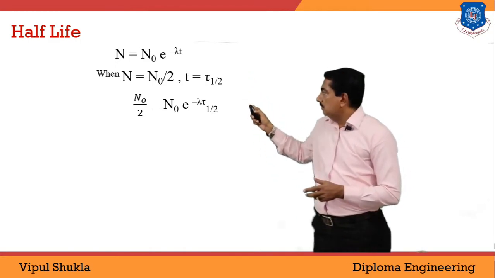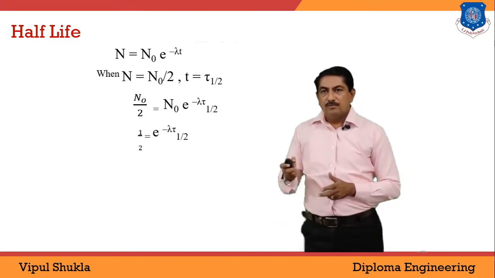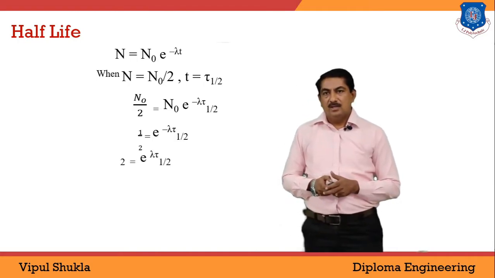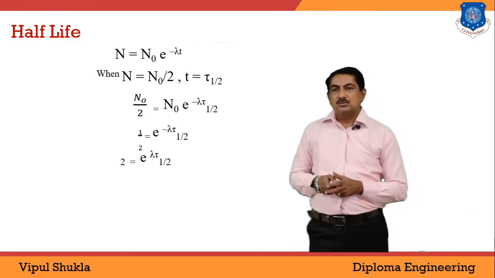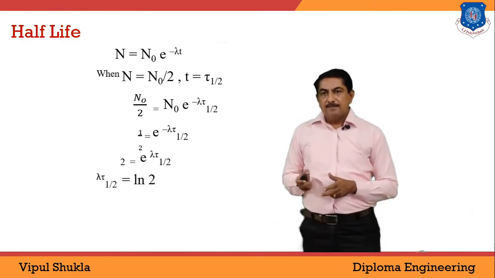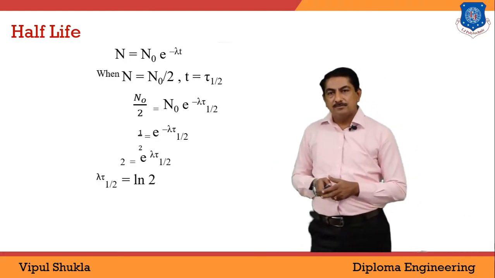Now look, on both sides N0 will be cancelled. So 1 half equal to e raised to minus lambda tau half. This equation can be written in this form also: 2 equal to e raised to lambda tau half. To make lambda tau half the subject, we have to remove this exponential term.